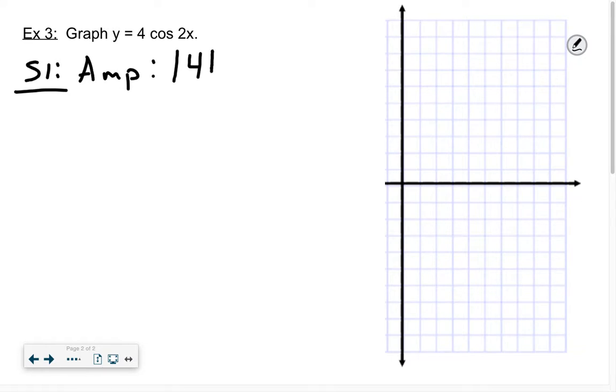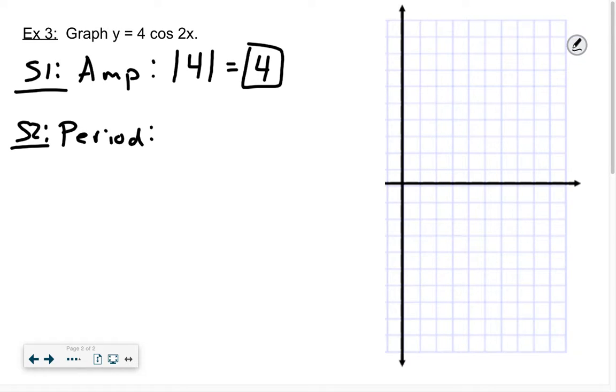Absolute value of 4 is 4. Step 2 was the period. 2 pi over b. B value is 2. Therefore, the period, the length at which it takes to complete one cycle, is pi units.